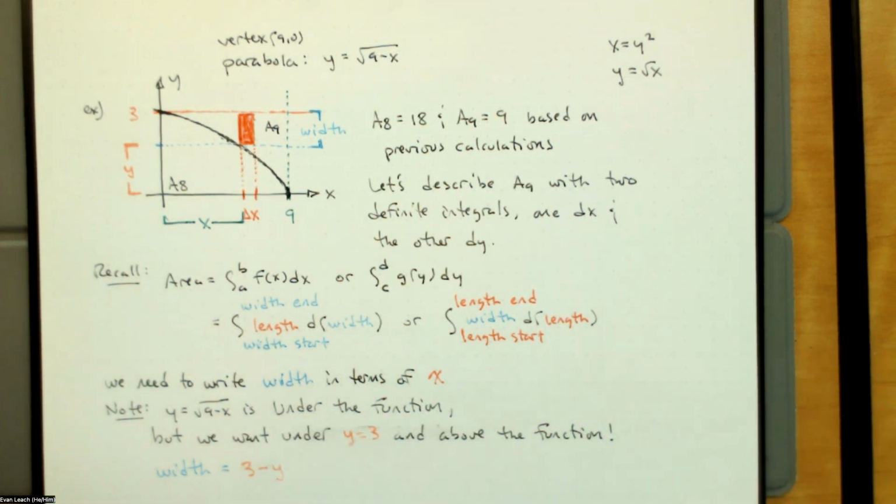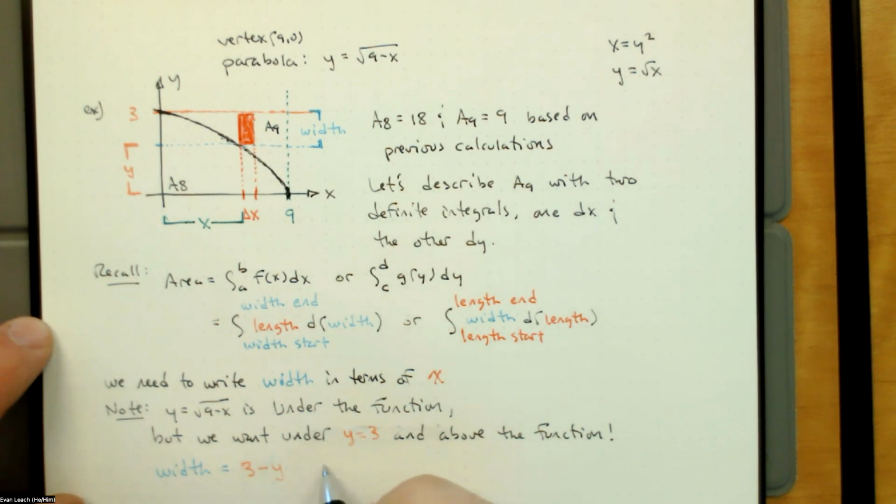So the width is 3 minus that y. But that's no good. We're setting up a delta x. Not in terms of y, I need it in terms of x. So the width is going to be 3 minus the square root of 9 minus x.